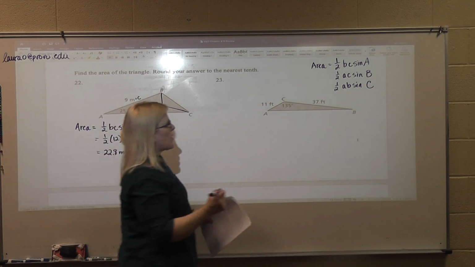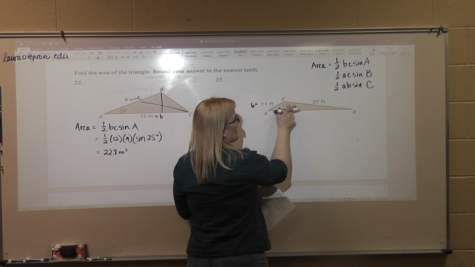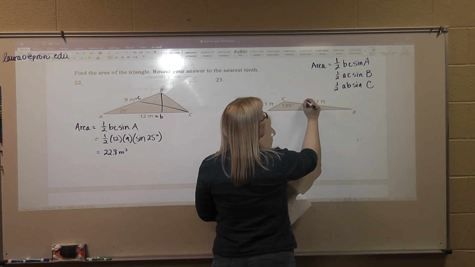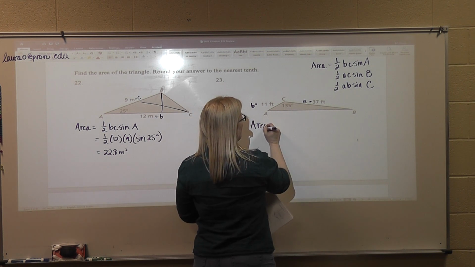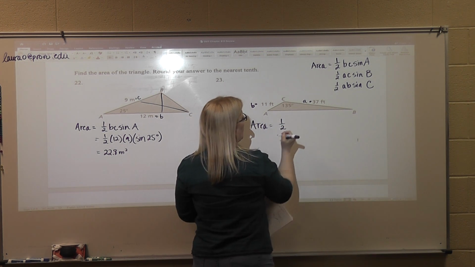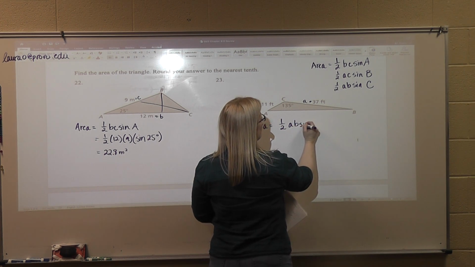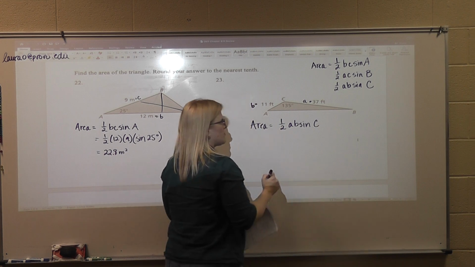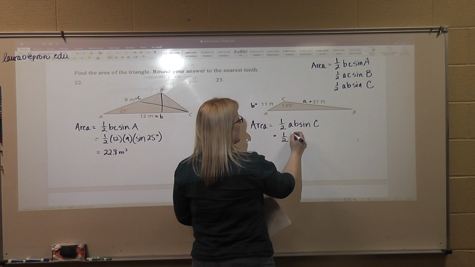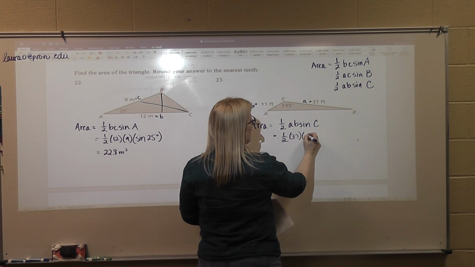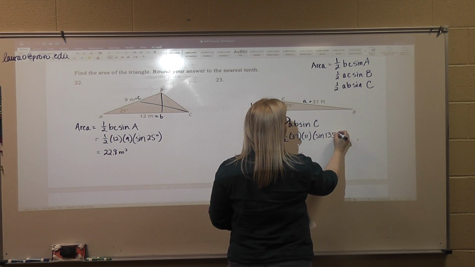All right, so for this one, B is 11, A is 37, and I have my angles at C. So this one, the area is 1/2 AB times sine of C. So I have 1/2 times 37 times 11 times the sine of 135 degrees.